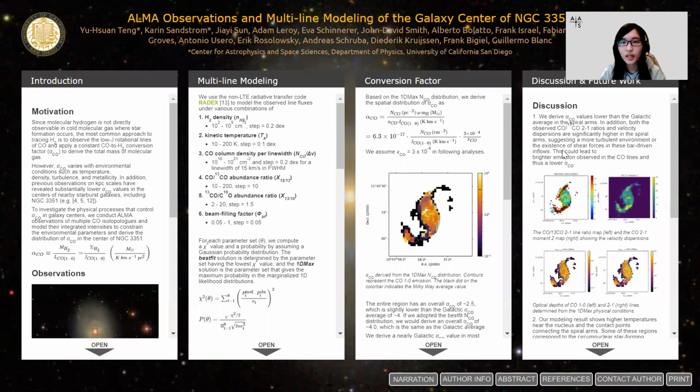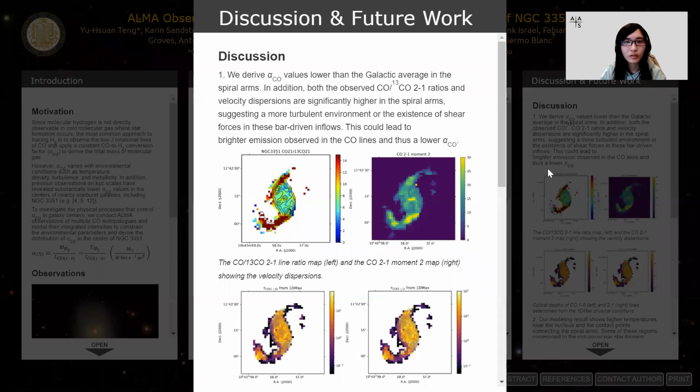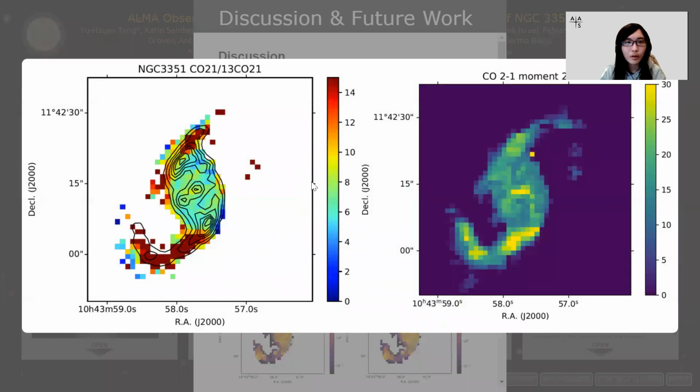So to discuss the implications of our results, first, it is clear that we see lower alpha CO values in the spiral arms, and we think this could be supported by our observations. For example, we find that the CO to 13CO line ratios are significantly higher in the spiral arm regions. Also, from the figure on the right, we can see the velocity dispersions are also higher in the arms.